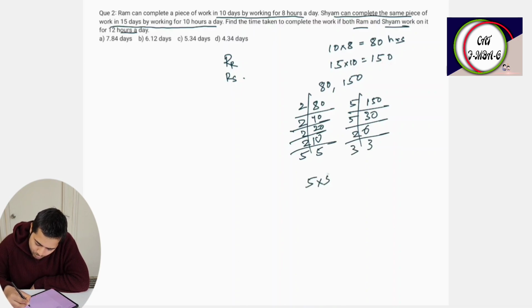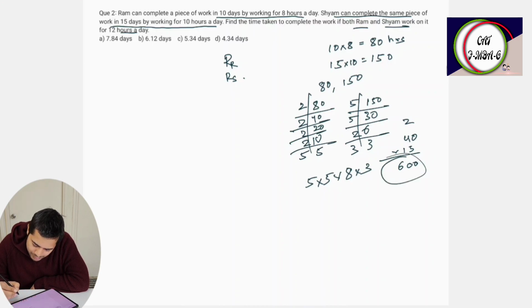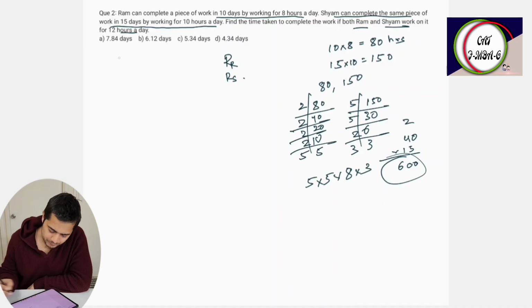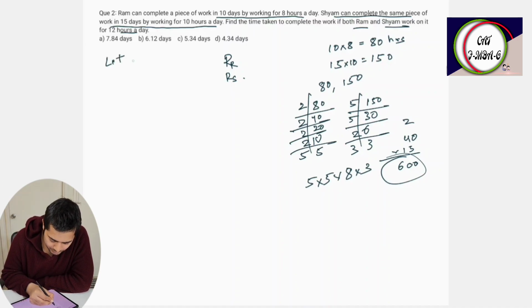So 5 into 5 into 8 into 3, that is 40, 15. So you can take the LCM as 1200.